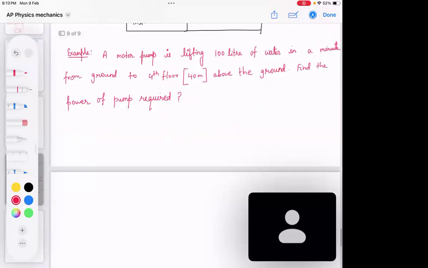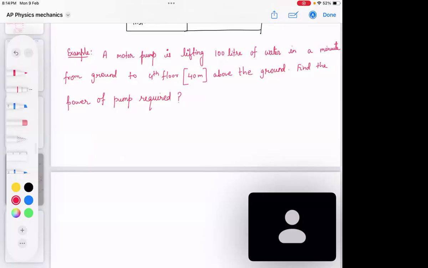And it also depends on how quickly you want to fill the tank. So these are the two factors on which the requirement of the pump will be calculated: at what height we want to lift the water and how quickly we want to fill the water tank. Okay.